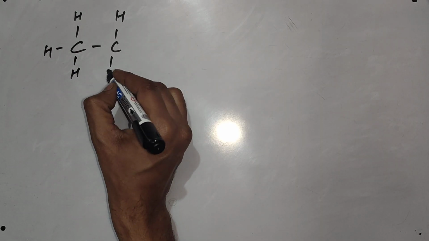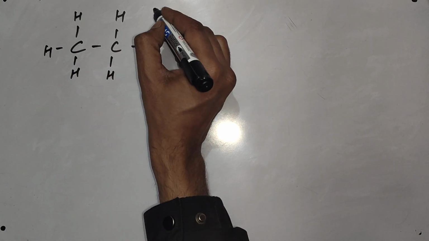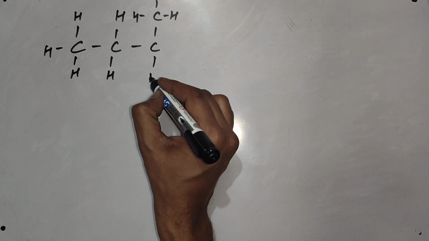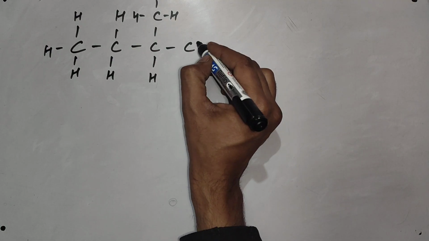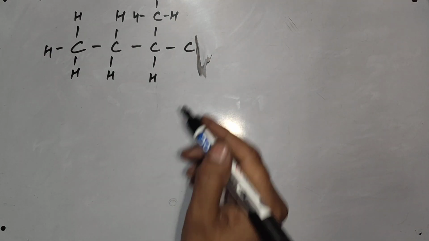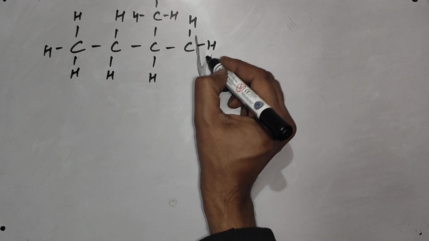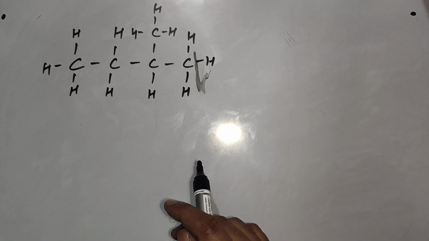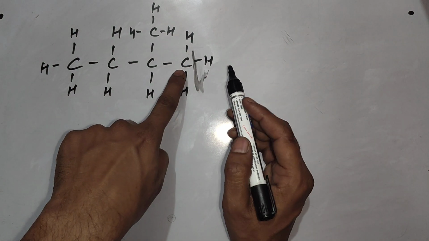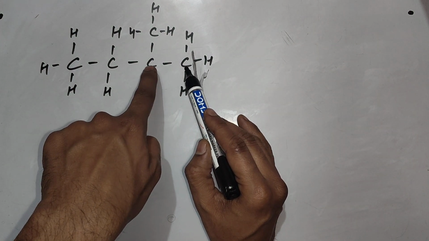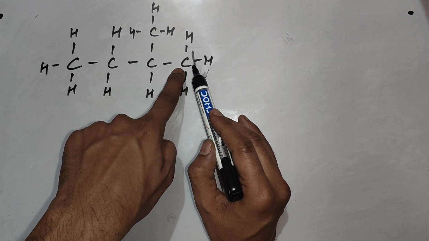Now first you need to understand the degrees of hydrogen in alkane. Suppose I have written this alkane. Let's start with this carbon. This carbon is directly connected to a single carbon, so it's 1 degree.